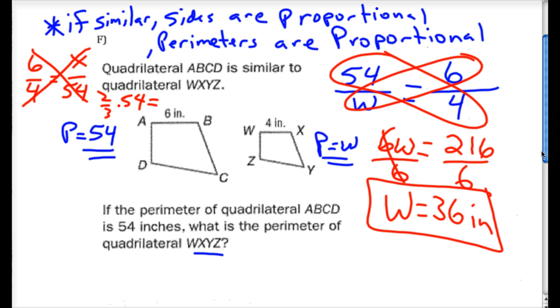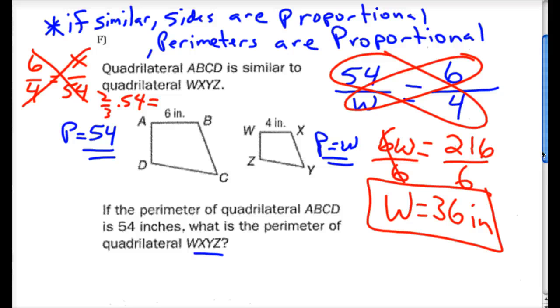Couldn't you just divide 54 by 1.5? Could you divide 54 by what? 1.5. Where are you getting that from? 6 divided by 4 is 1.5. So what do you want to do with 1.5? Divide 54 by that, because I still got 36.